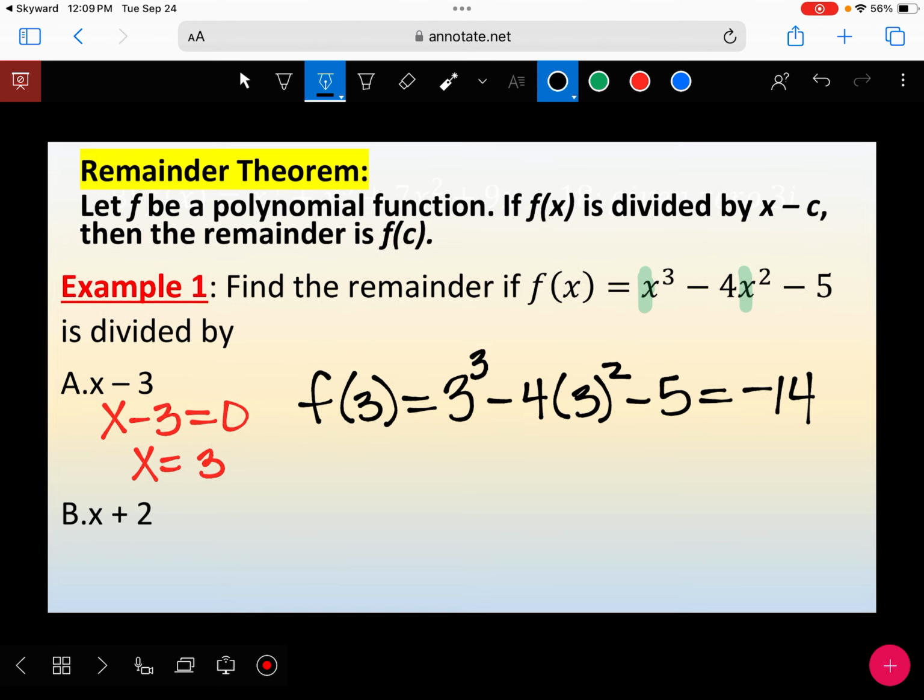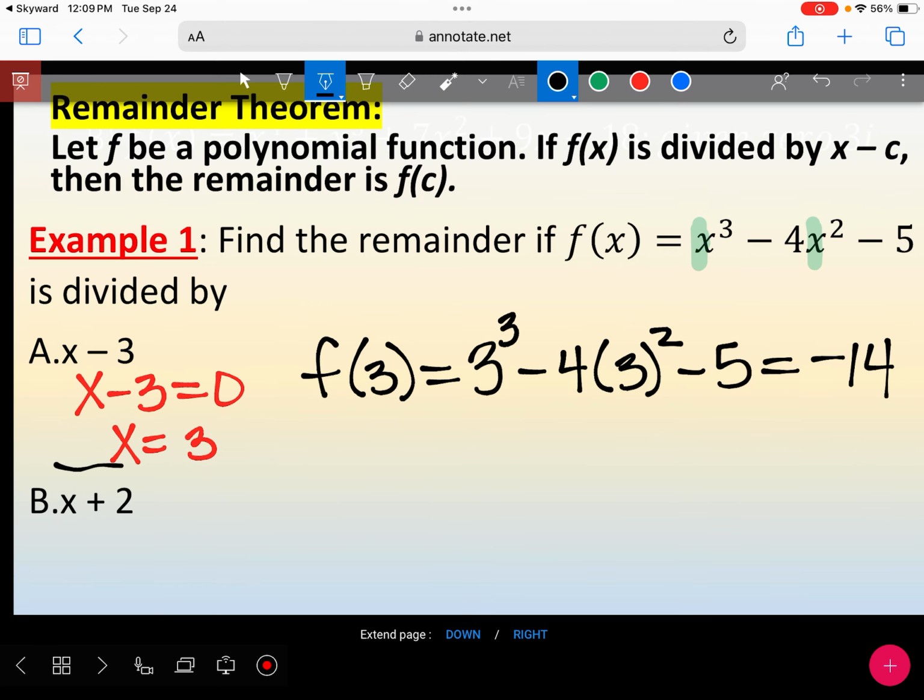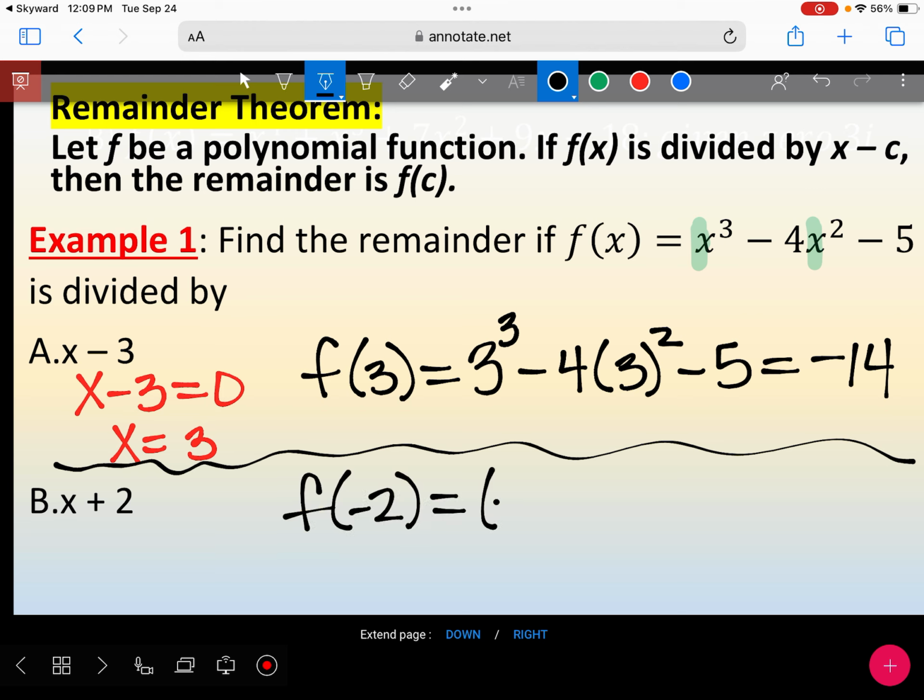So what if we were to divide it by x plus 2? What number would I have to substitute to find my remainder? Negative 2. So go ahead and type that in. Now remember, put parentheses around it in your calculator.